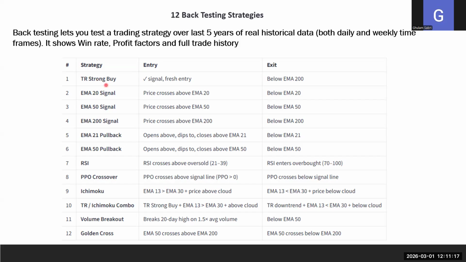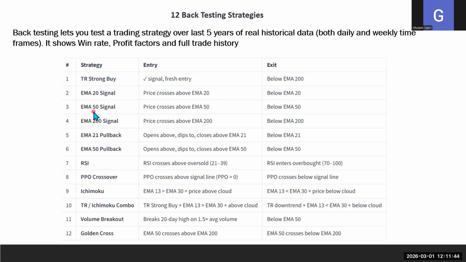For example, if the price crosses the 20 period EMA, either daily or weekly, it gives us a buy signal for this strategy, which is EMA 20. So it's very simple. When the price crosses the 20 EMA, that's a buy signal. The sell, or exit, signal is when it comes below that 20 period EMA again.